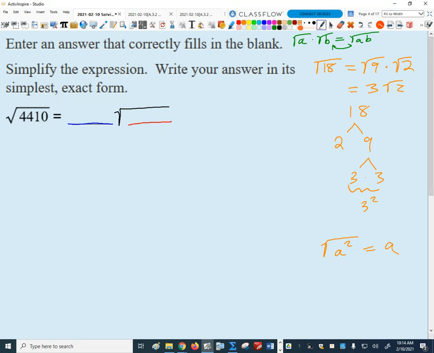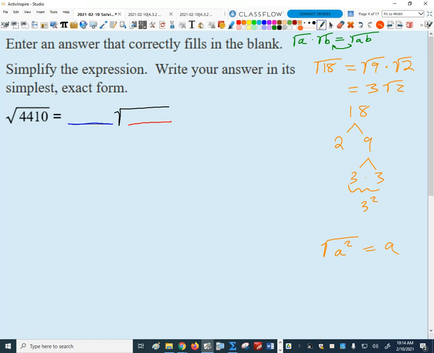Okay. So my goal here then is when I factor this number, if I'm trying to get as much out of the radical as possible, well, I know that the way that happens is by breaking it up into perfect squares and numbers that are not perfect squares, right? Whatever the number under the radical is, I want to break that up into products of perfect squares and then other numbers that are going to end up getting stuck inside, right? 9 is a perfect square because it's 3 squared.